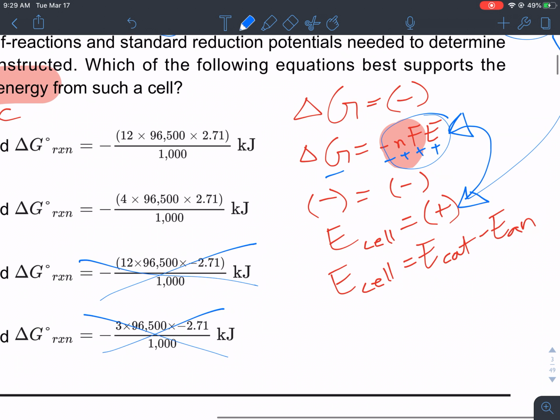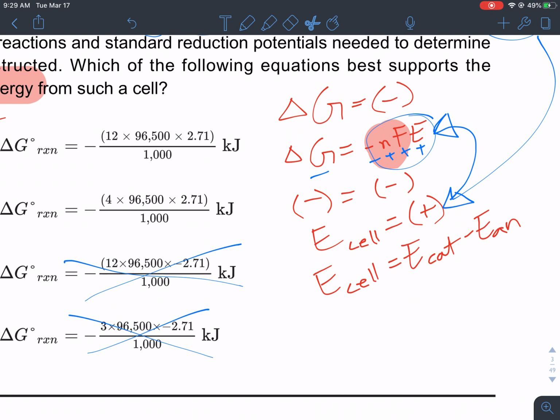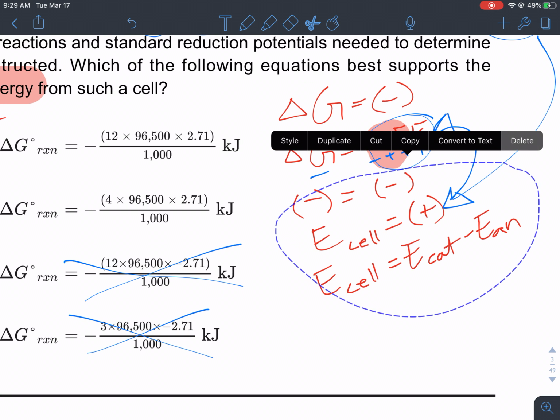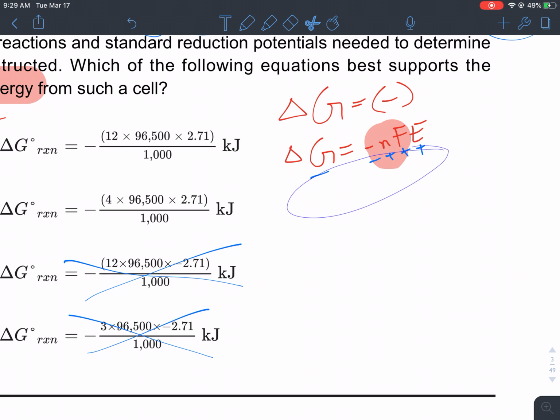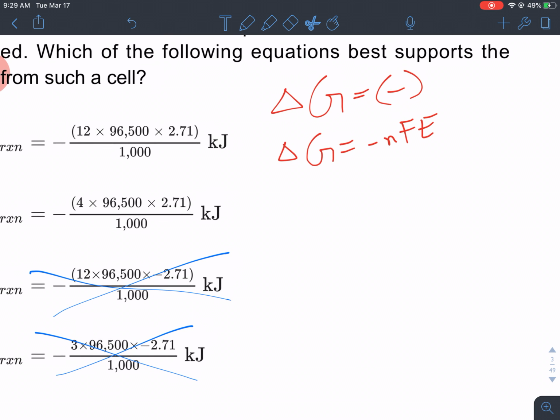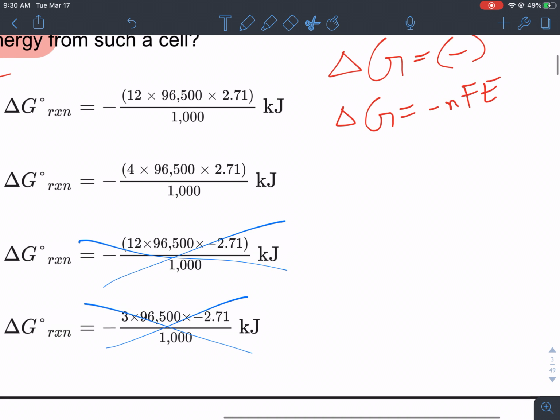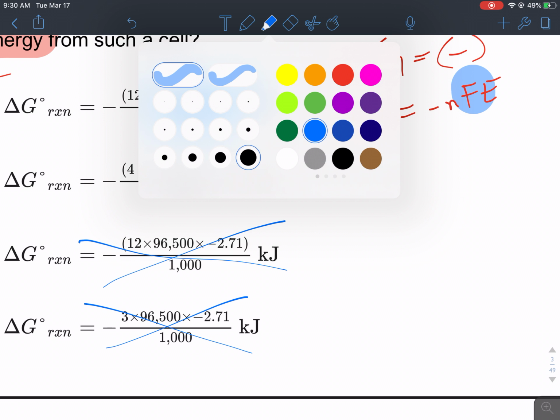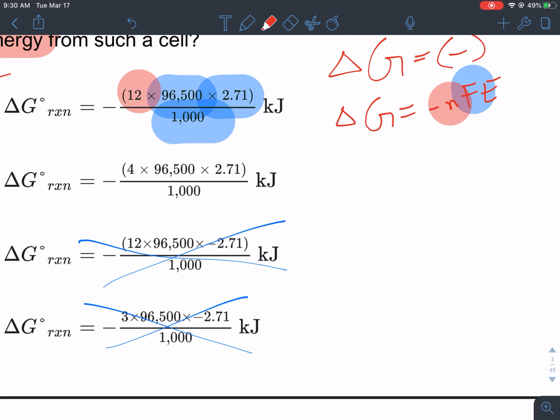It has to be one of the top two to calculate our delta G. They're dividing by 1,000 because they're changing it from joules to kilojoules. They have Faraday's constant, and they have my E. The only thing we're wondering about is the n. Is the n 12 or 4?